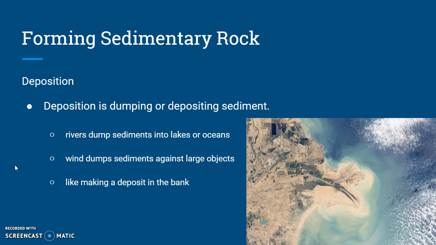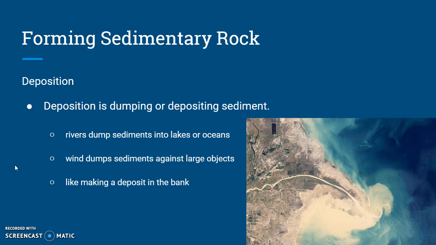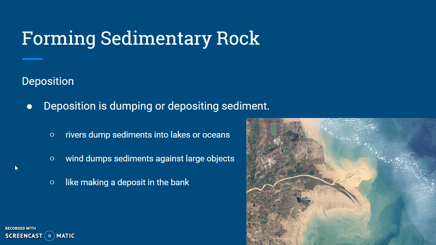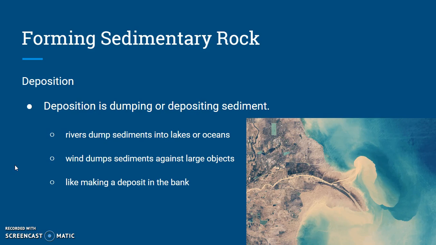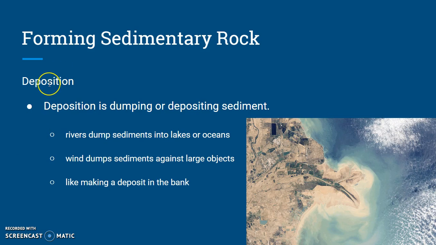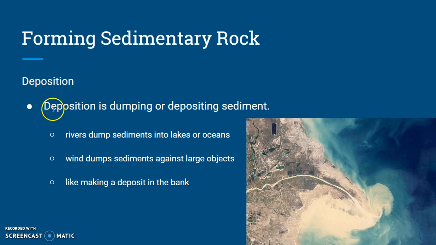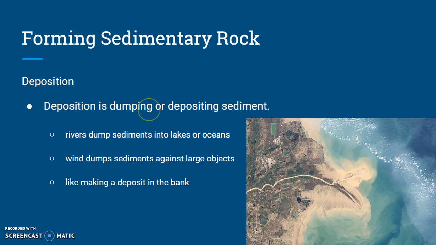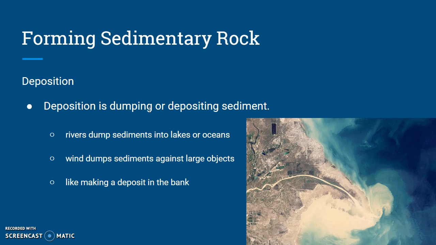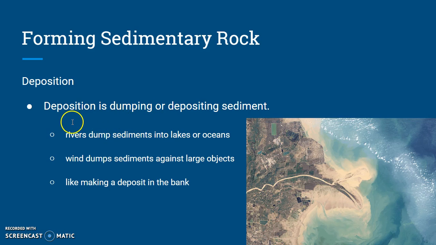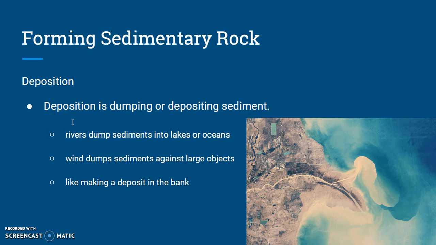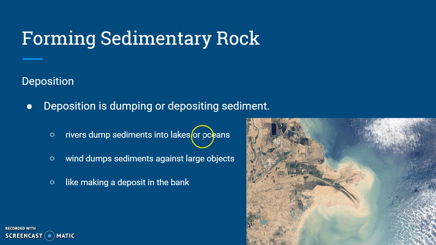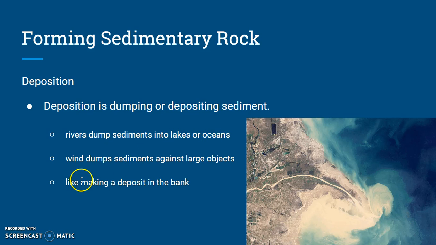The next step in forming sedimentary rock, after it has been weathered and eroded, is that the sediments are deposited, in a process called deposition. What is deposition? Deposition is dumping or depositing sediment. Rivers dump sediments into lakes or oceans.